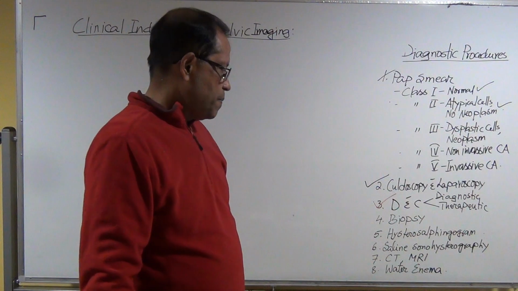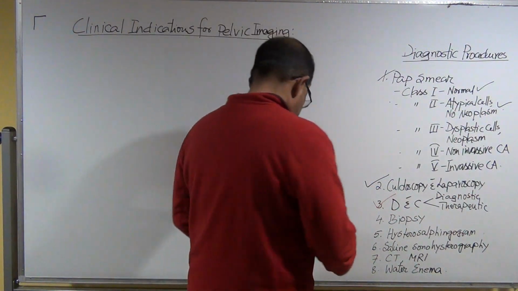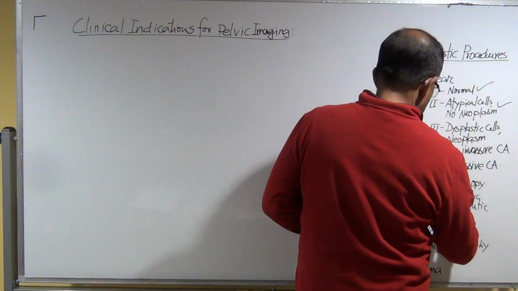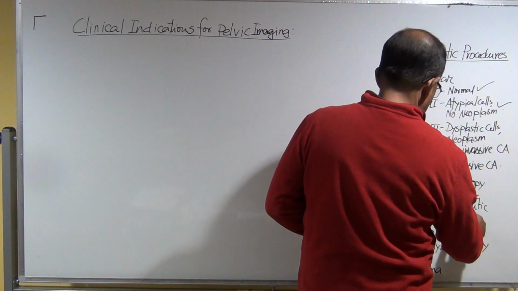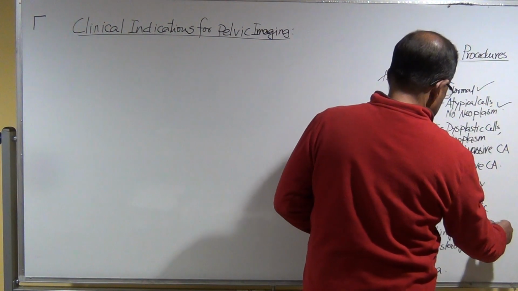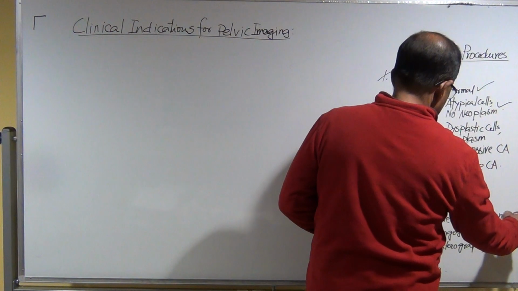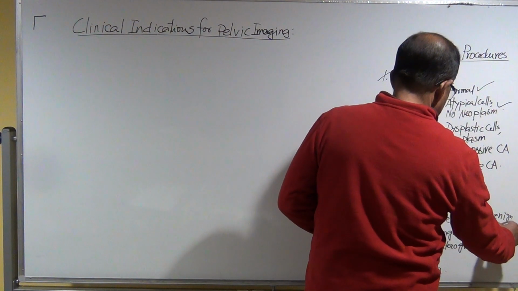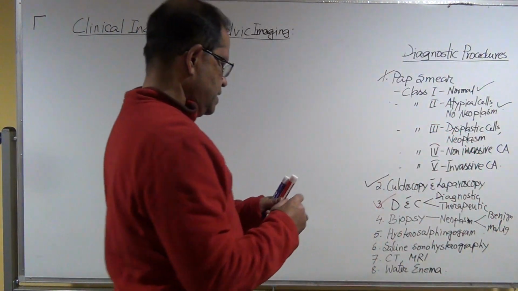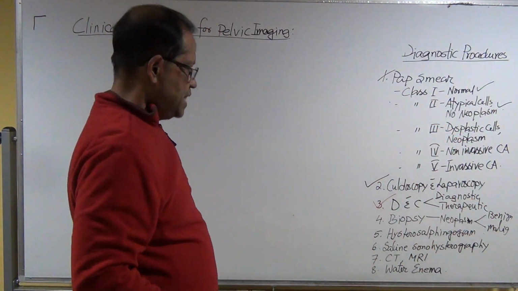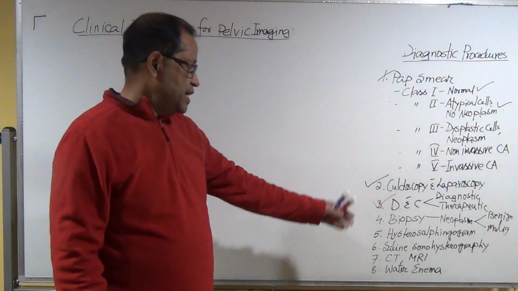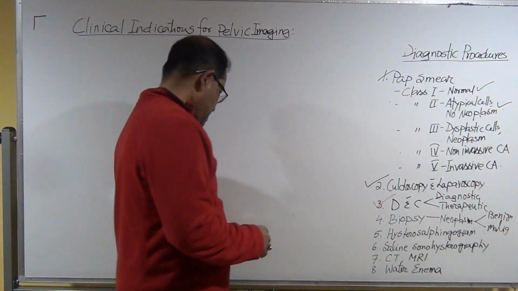The biopsy is mainly done for neoplasm, to see if it is benign or malignant. Benign or malignant. Okay? Then when the result comes, they will give the treatment according to the result.